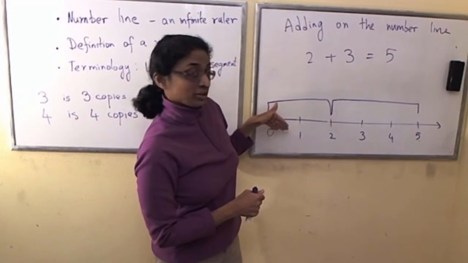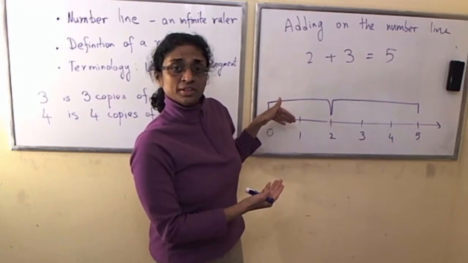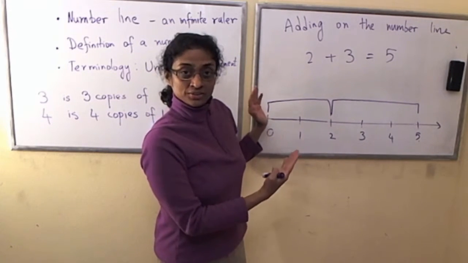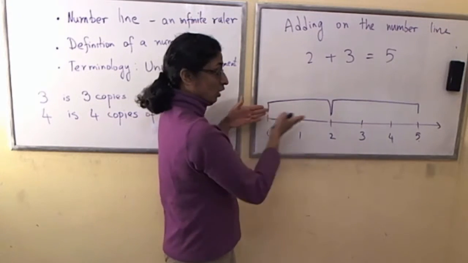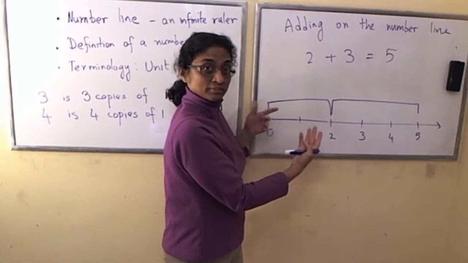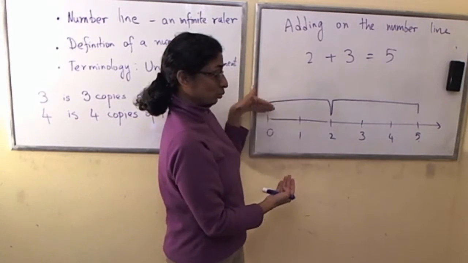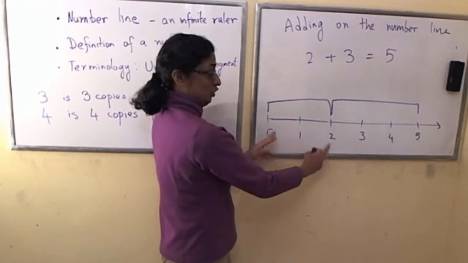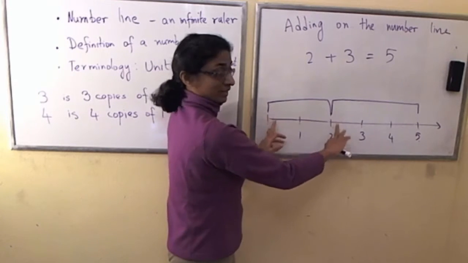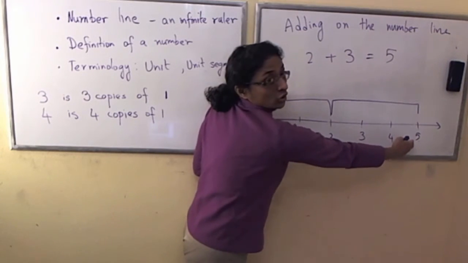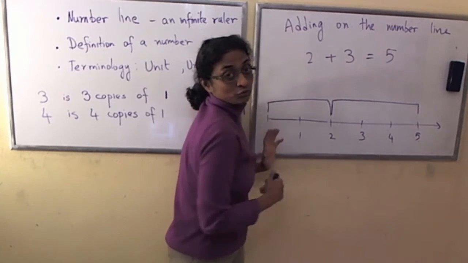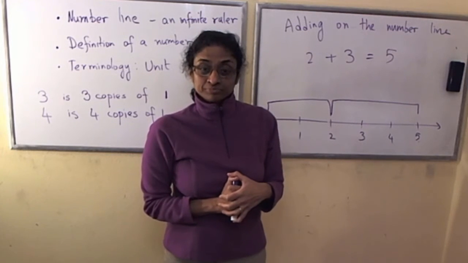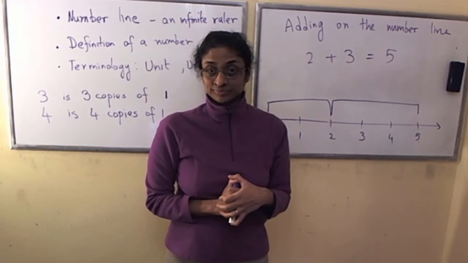This is useful to say right now or at a different time, because when we talk about fractions and we define addition of fractions, we're going to be defining adding fractions on the number line, and you will see that definition matches exactly with what I have explained here, how to add 2 and 3 on the number line. It is using segments of those lengths and then looking at the longer segment and saying 2 plus 3 is really the length of the longer segment. I'll mention this again when we discuss addition of fractions. That's it for today.